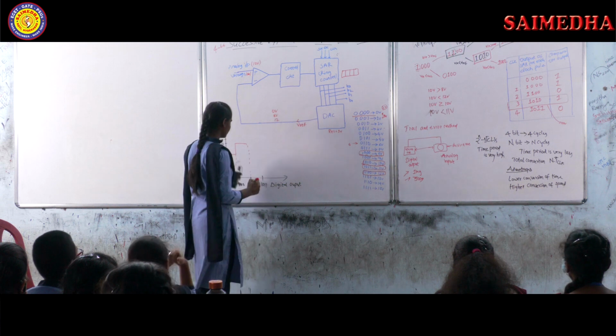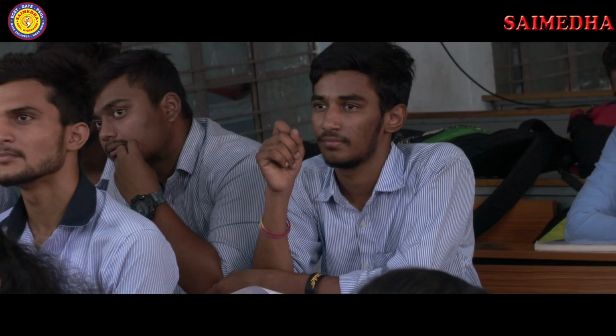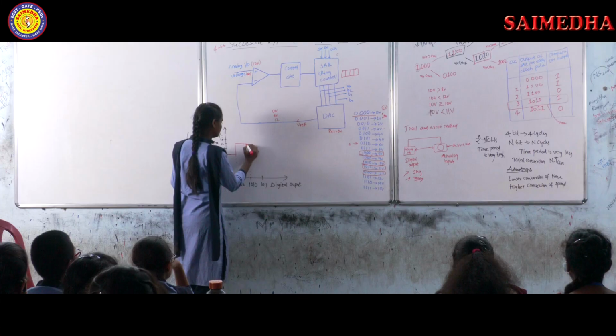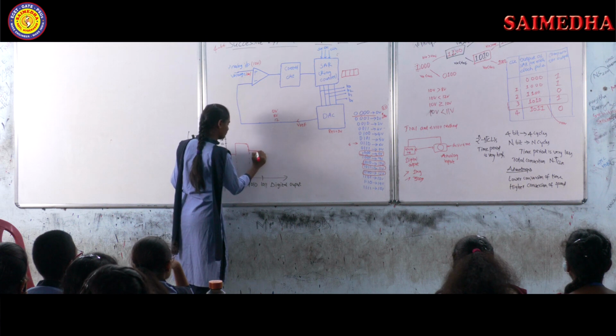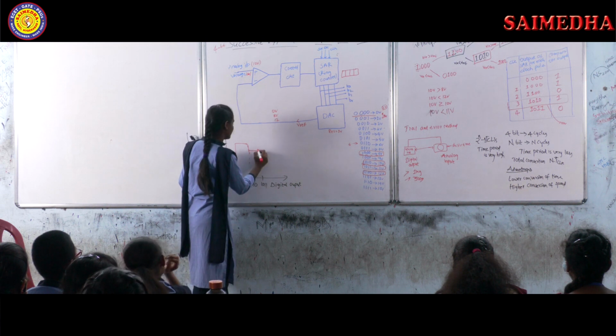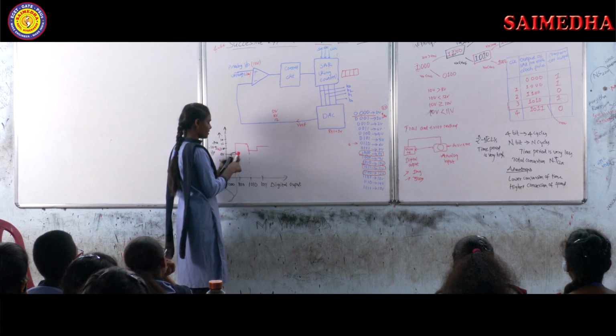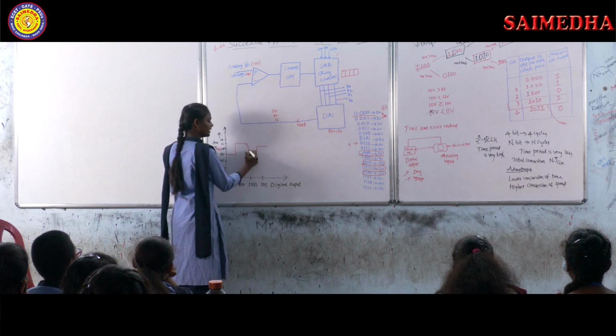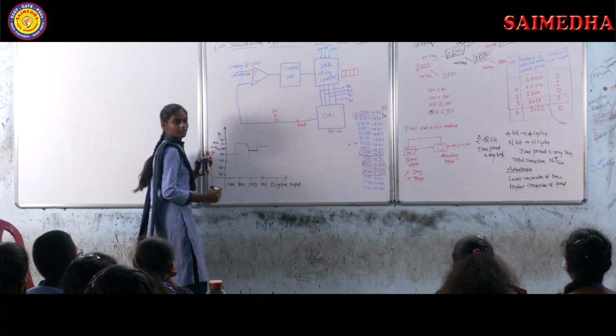So 1010 means 10 volts, and 1011 means 11 volts. So the successive approximation will take the nearest value, which is 10 volts.